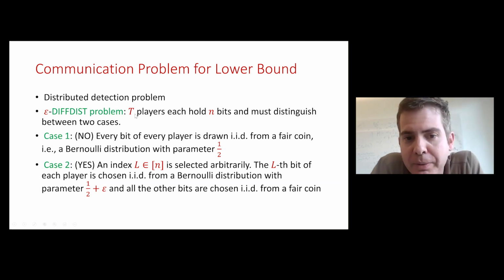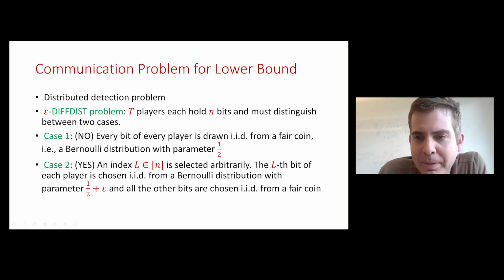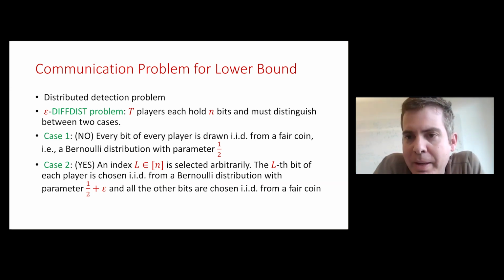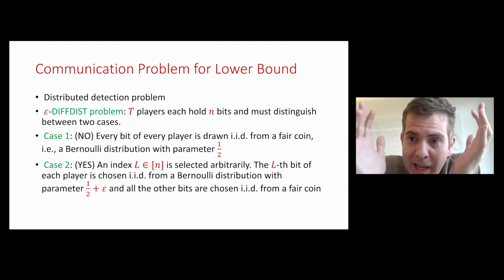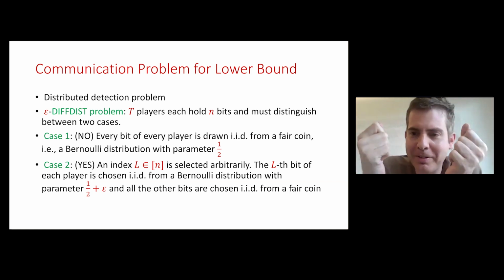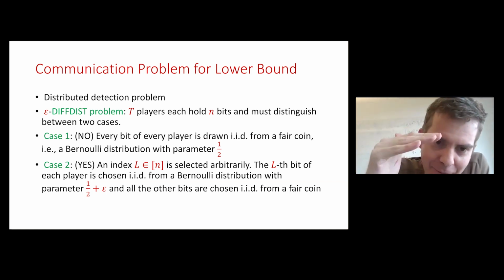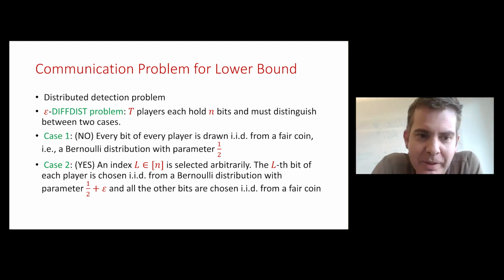You have t players that are each going to hold n bits. Each player corresponds to a day, and the player is going to have the n predictions, one for each expert on that day. It's kind of weird, right? An expert you might think is a player, a person. No, no. The players are the days, and there are t of them, and each one has the n predictions for that day.